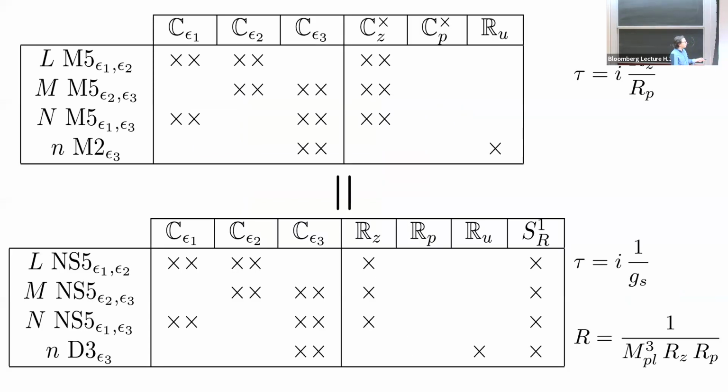Why? Because the D3 branes are supported on C epsilon 3 cross S1. This direction here is topological. In this twisted M theory, nothing depends on it. So what is this? If I compute a partition function of D3 brane on this background, I'm computing what's called a holomorphic block, or a half index, a partition function counting certain protected BPS operators that live on the D3 brane.